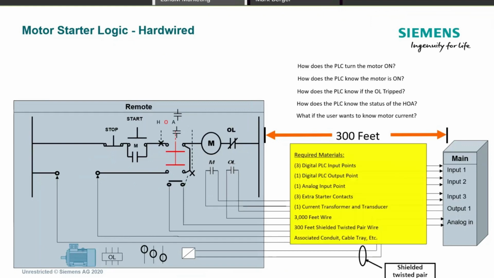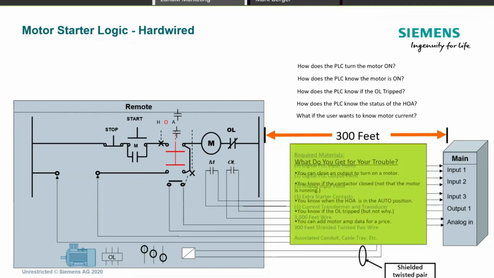So this kind of gives you a bill of materials of roughly about this much, understanding that the feet of wire depends on how far away your inputs and outputs to the PLC are, and then where you have to hardwire it. But you have to have 3 digital ins, 1 digital out, 1 analog in, some extra starter contacts, current transformer, and current transducer, and then of course some twisted pair wire to bring that in.